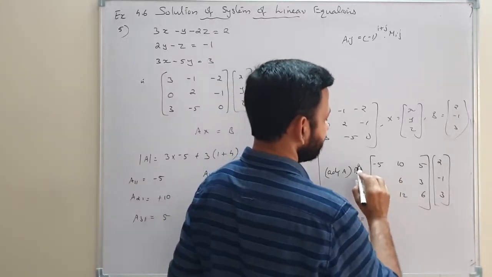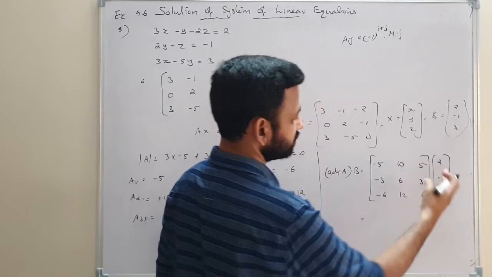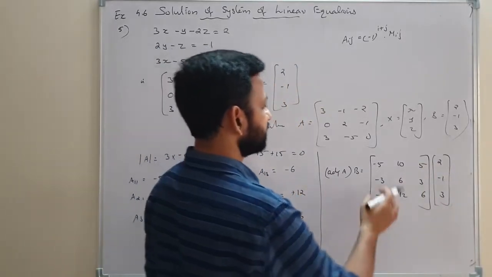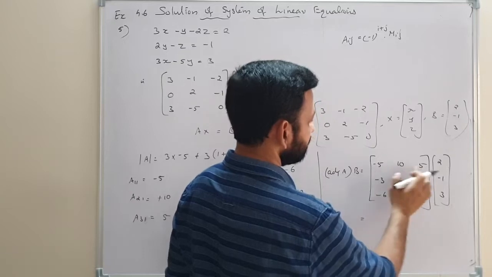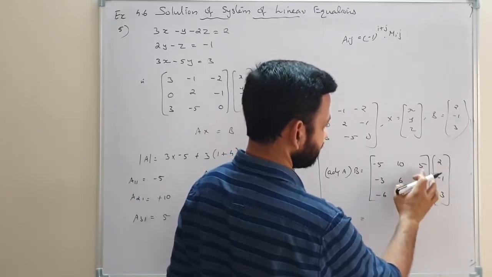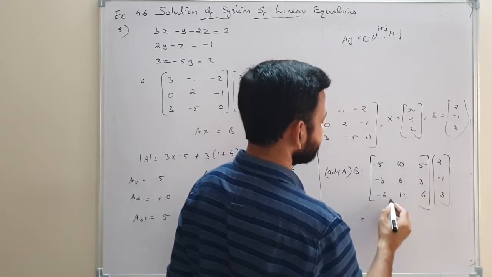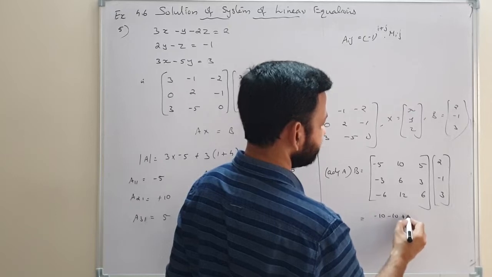Here, when we find the product, first row into first column, 5 into minus 2, minus 10, plus minus 10, plus 15.